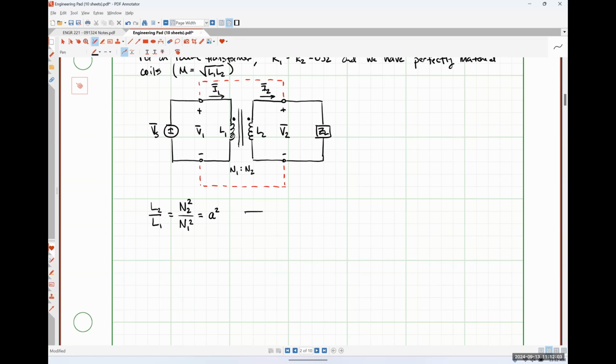So from this definition, our turns ratio A is simply going to be N2 divided by N1, which is the same thing as the square root of L2 over L1. I want to make an important note here.